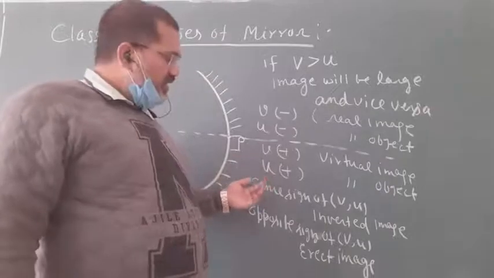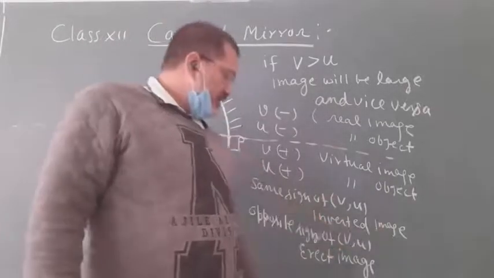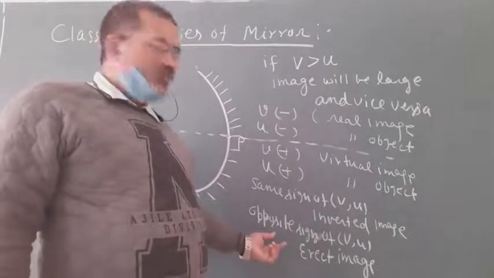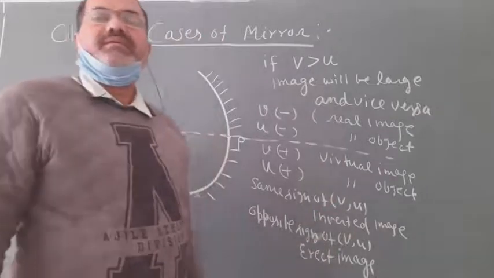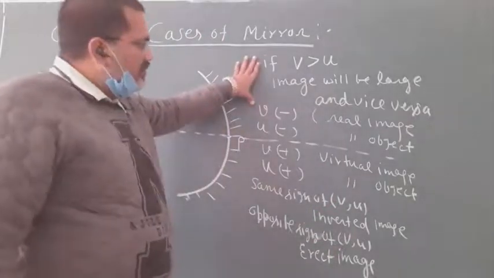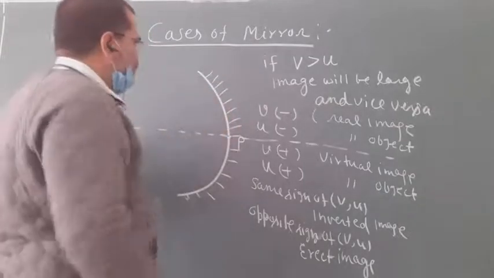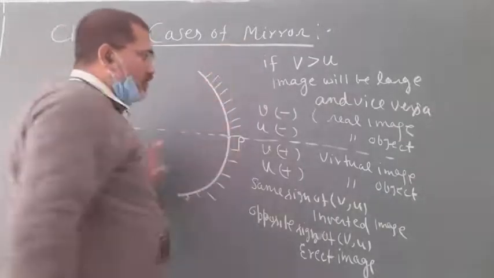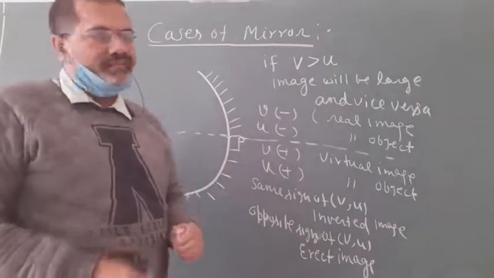If sign of V and U are same, then image will be formed inverted. And if sign of V and U are opposite, then image will be erect. These points are applicable for mirrors.